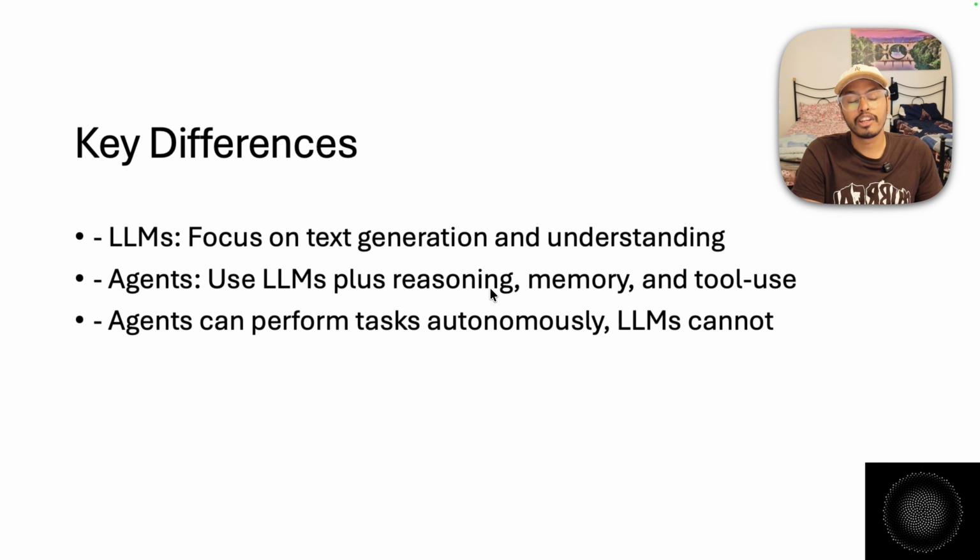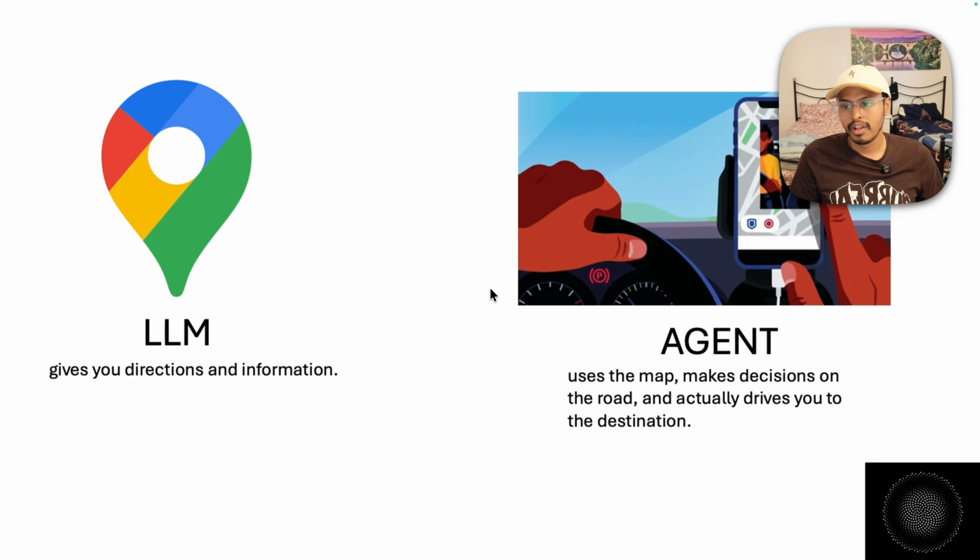They can use reasoning, they can use memory, and they also have tools inside them that they are capable of executing. And agents can also perform tasks autonomously without the user's assistance, where LLMs cannot. So this is the key difference between an agent and an LLM, right? It's like you take a human and you give him hands, which are like tools, and they can do whatever they want.